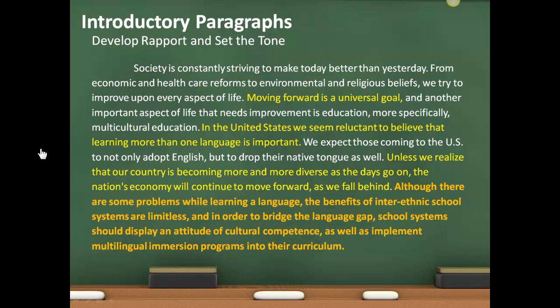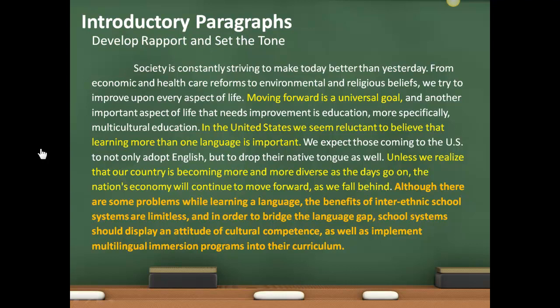Here we have an essay that was looking at the importance of multicultural education, bringing in more awareness of other cultures and other languages into U.S. education. She starts with the statement, society is constantly striving to make today better than yesterday. From economic and healthcare reforms to environmental and religious beliefs, we try to improve upon every aspect of life. Moving forward is a universal goal.